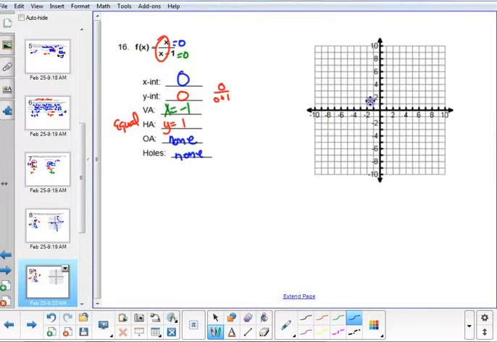So for the sake of time, because I don't have that much time to record this lesson, I am going to sketch in everything I can and then just kind of fudge it. But you would go ahead to y equals, type in your function very carefully. There's my vertical asymptote at negative 1 and my horizontal asymptote at positive 1.